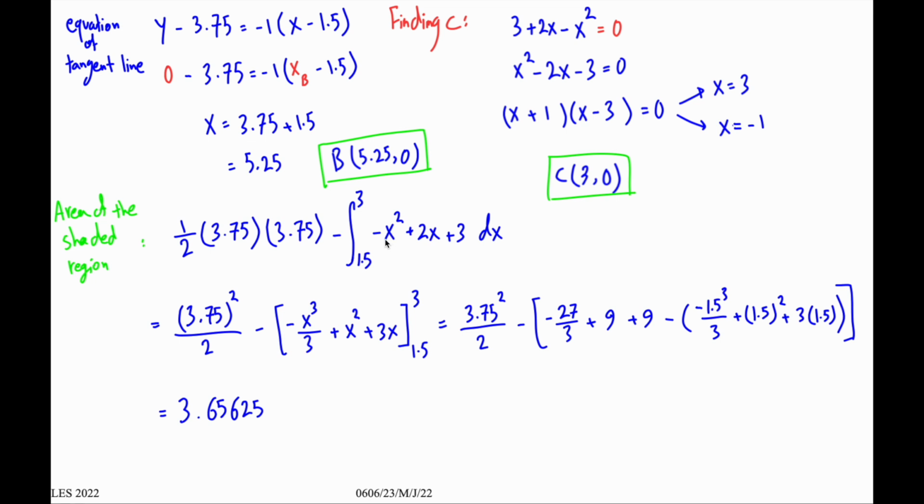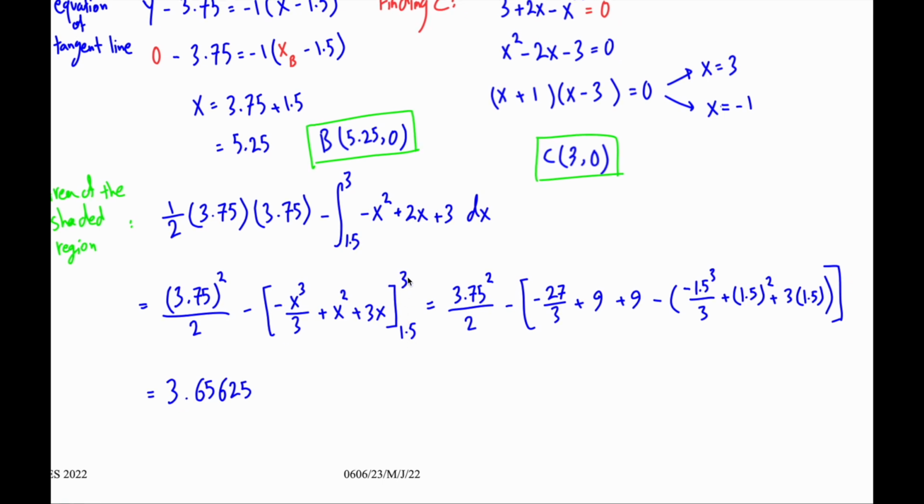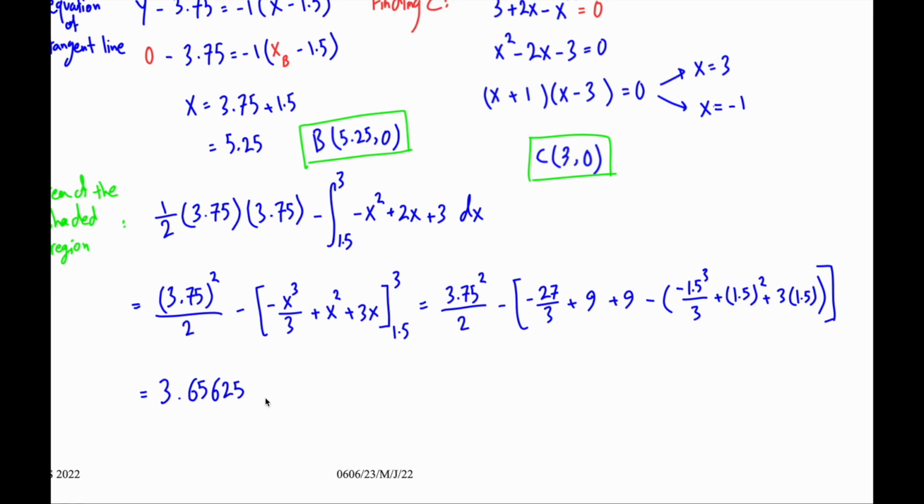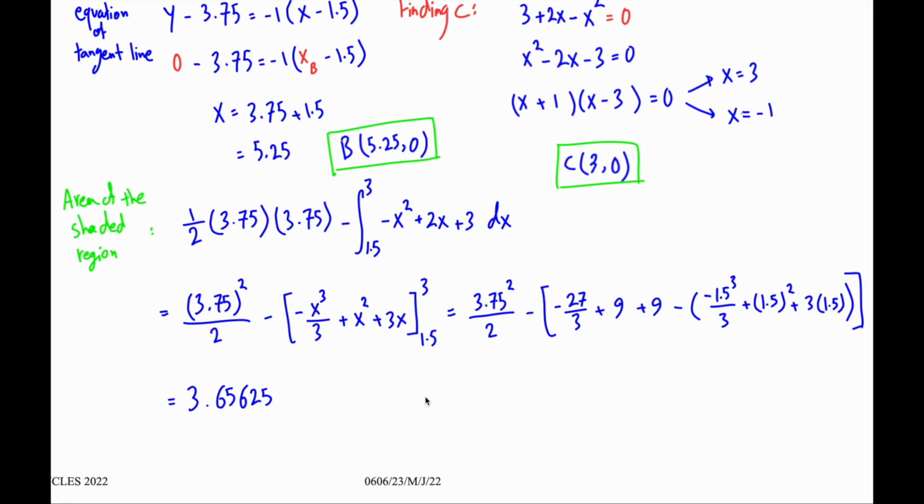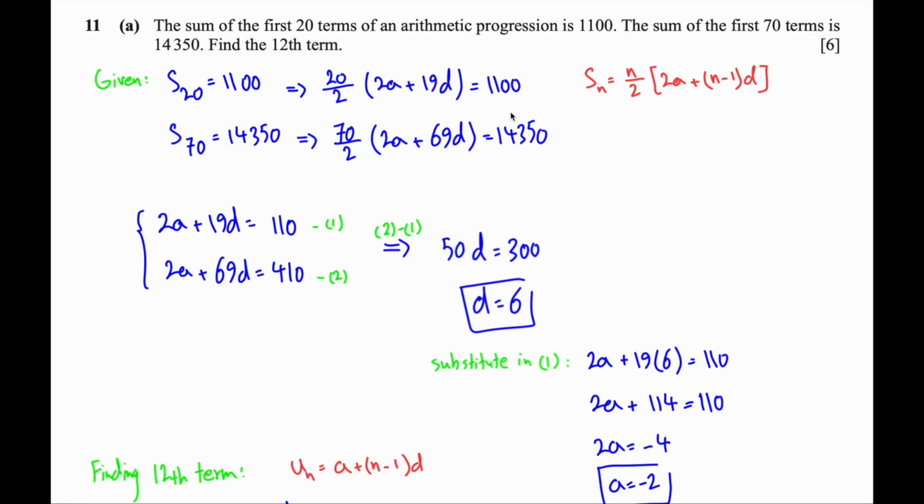All you have to do is just add 1 to the power and divide by the new power, and then plug in the limits. This is going to be a long expression. However, you can plug it into the calculator, and this is the exact value that you can get. And that's it. Question number 11, part A.